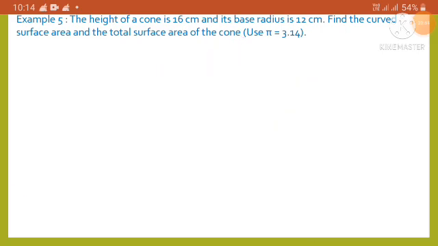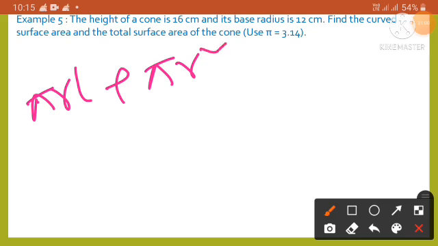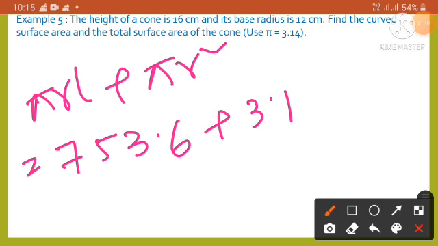So ultimately we got the value pi r L plus pi r square. We are getting pi r L equal to 753.6, already we got, then 3.14 into 12 square.